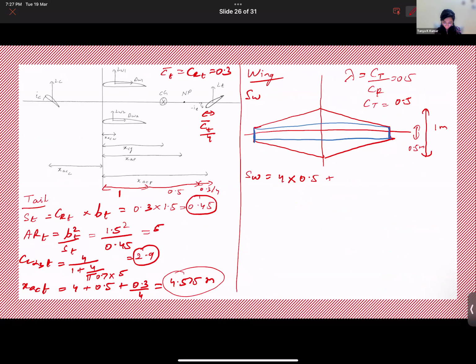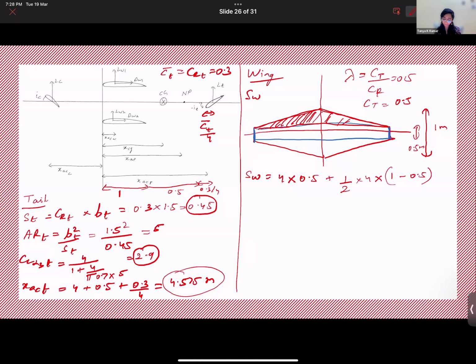So area of this triangle, let's find out that. It's just half, base is again 4, altitude is 1 minus 0.5. Correct?